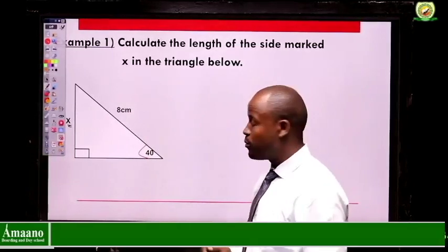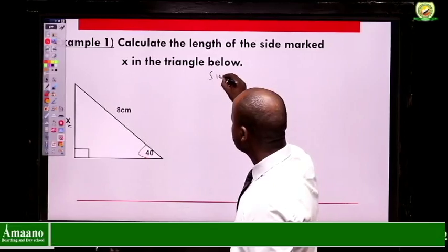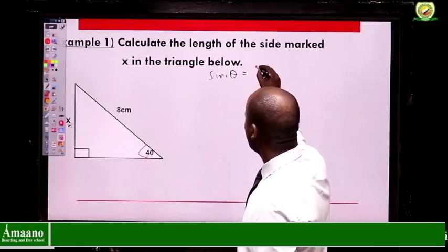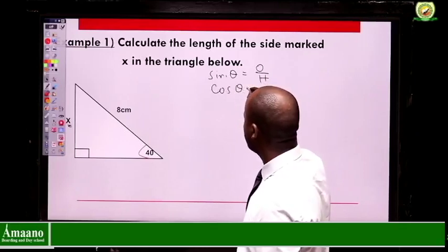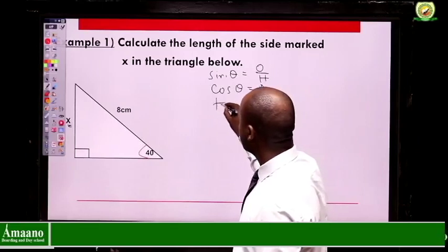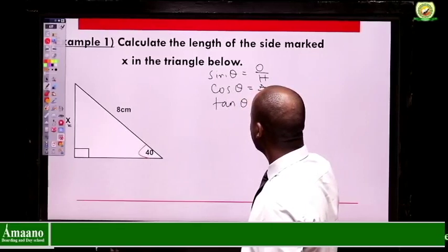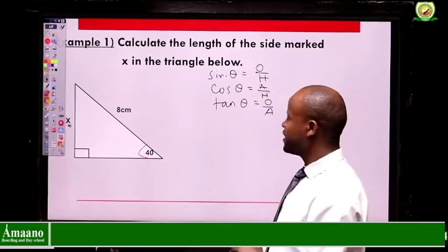If you remember, in our previous video, we saw that sine of a given angle theta is equal to opposite over hypotenuse, and cosine of the same angle theta is adjacent divided by hypotenuse, and tangent of the same angle theta is opposite over adjacent, which is the combination of the two trigonometric ratios, sine and cosine.